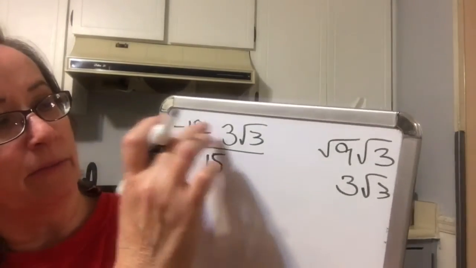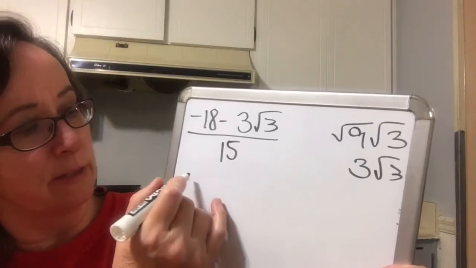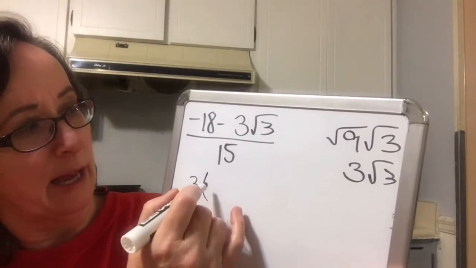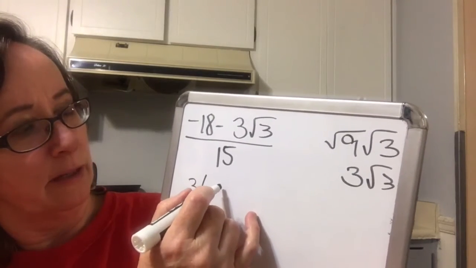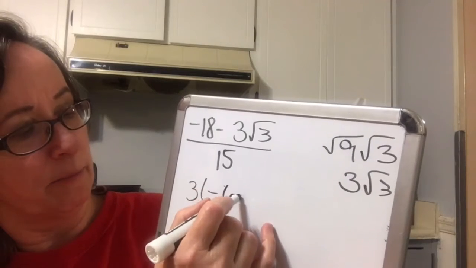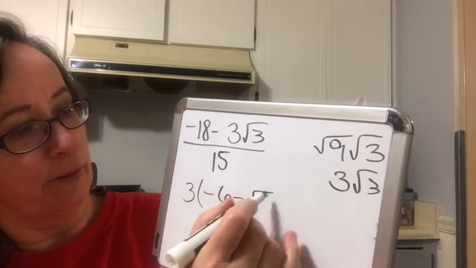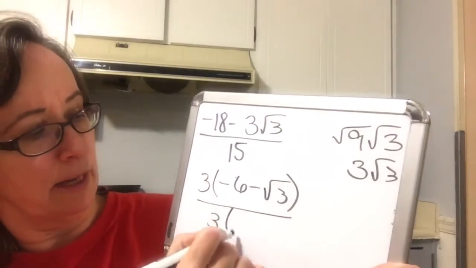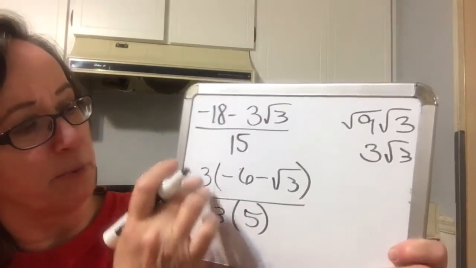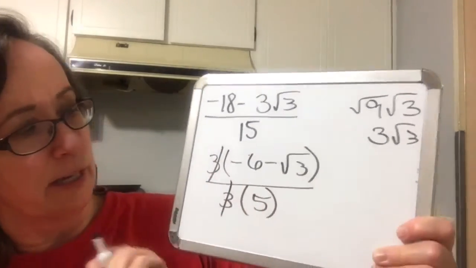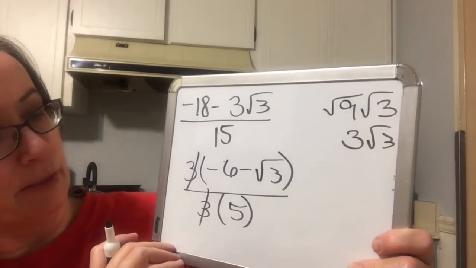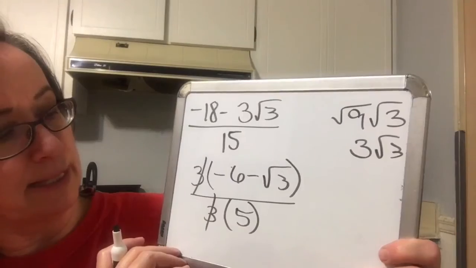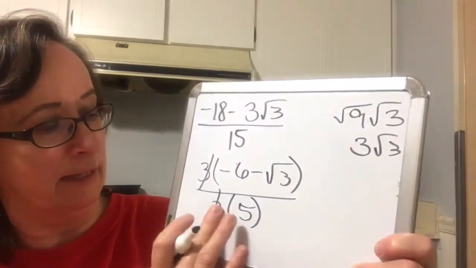Now I have a 3, 3, 3 in each one of those. So if I pull out a 3, I get a negative 6 minus square root of 3 all over 3 times 5. Since I've pulled a 3 out as a factor, I can divide by 3, and now the entire expression is simplified.